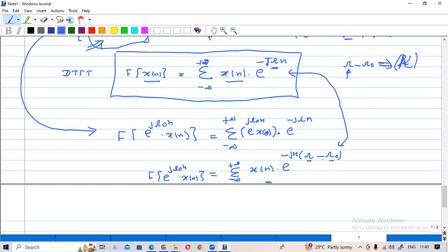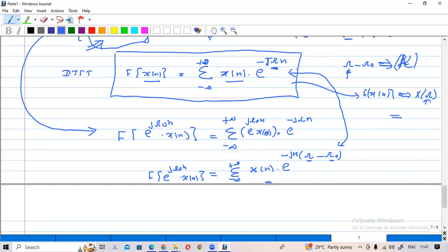So now, if the variable is omega, the Fourier transform of xn will be X of omega. Now here the variable is omega minus omega naught.